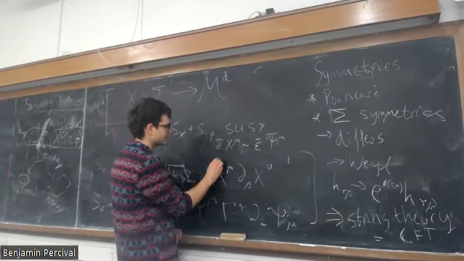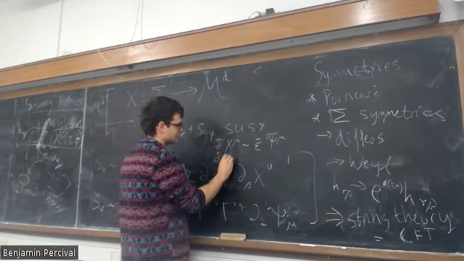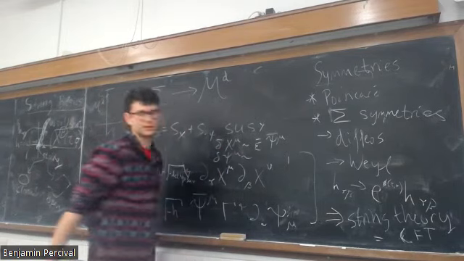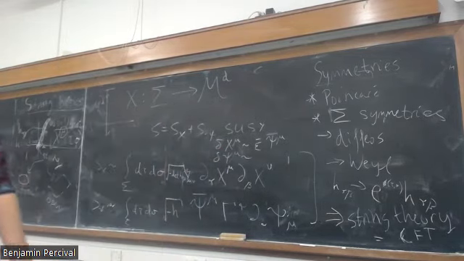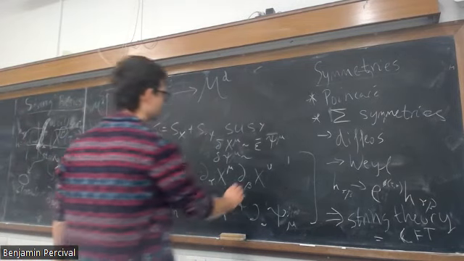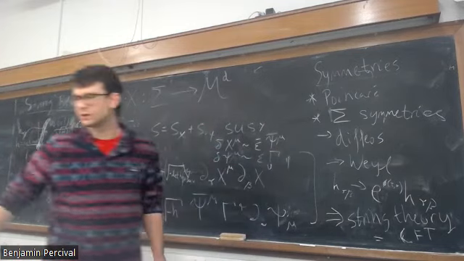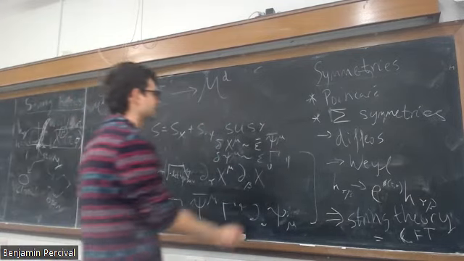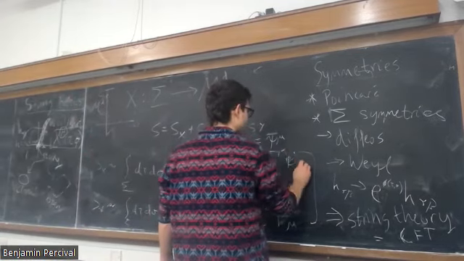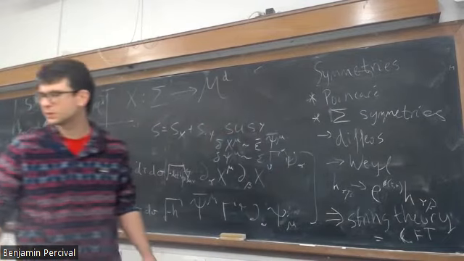So delta psi mu would be something like epsilon, then gamma alpha, delta alpha x mu.